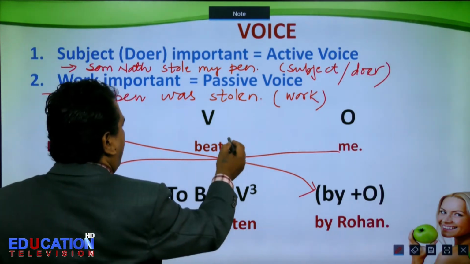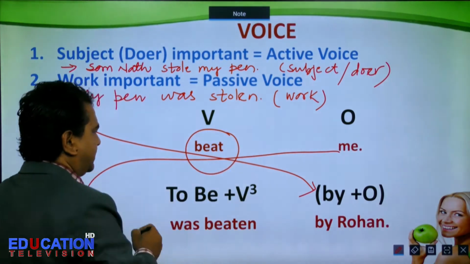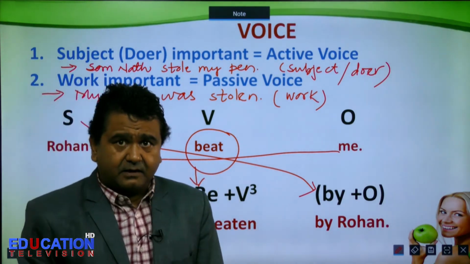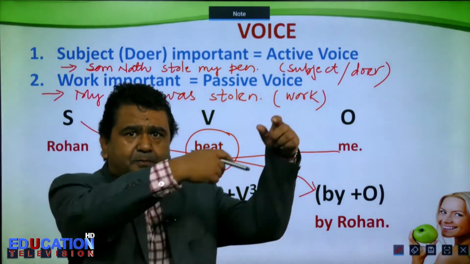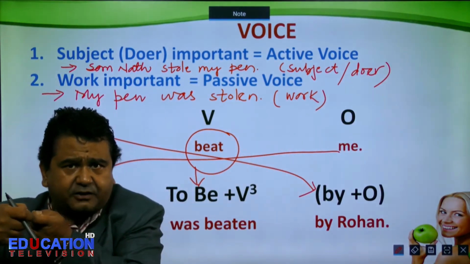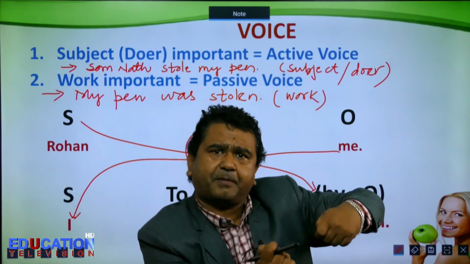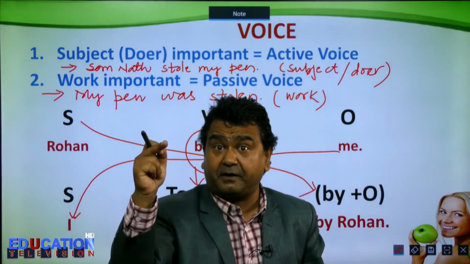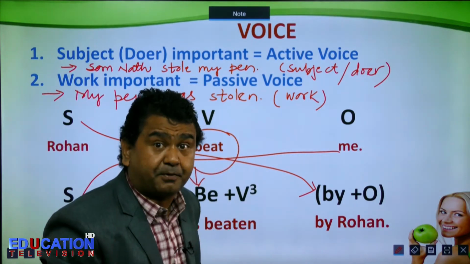And according to this verb, we write to be and be3. Remember, object is drawn as the subject. Subject is drawn as by plus object. And in the middle, we write be verb and past participle, that is be3.